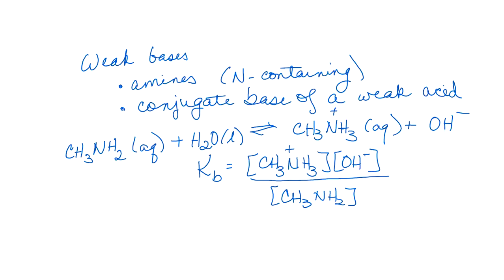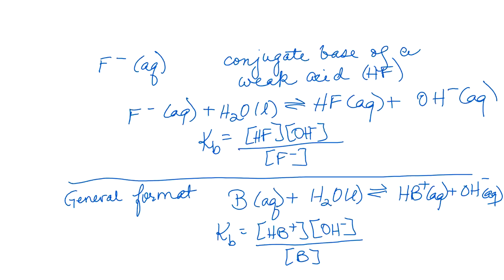We can also take a look at the conjugate base of a weak acid. There are quite a few, and what you have to do is take a look at the acid. If you don't know the base, look at the acid and determine if it's a weak acid, so then you can determine if you have a weak base or not.